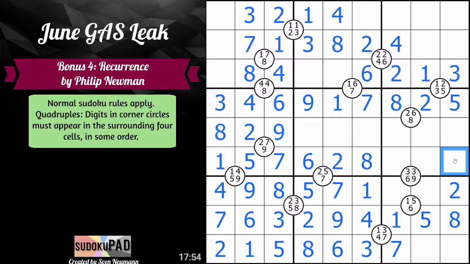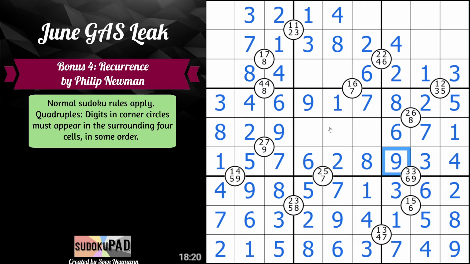Well, 3, 9, and 4 certainly places 4 there. Gives us 4, gives us 9. 3, 6, 3, 9 leaves us with 1, 7, and 6 there, and 6 gives us 6, gives us 3, gives us 9.